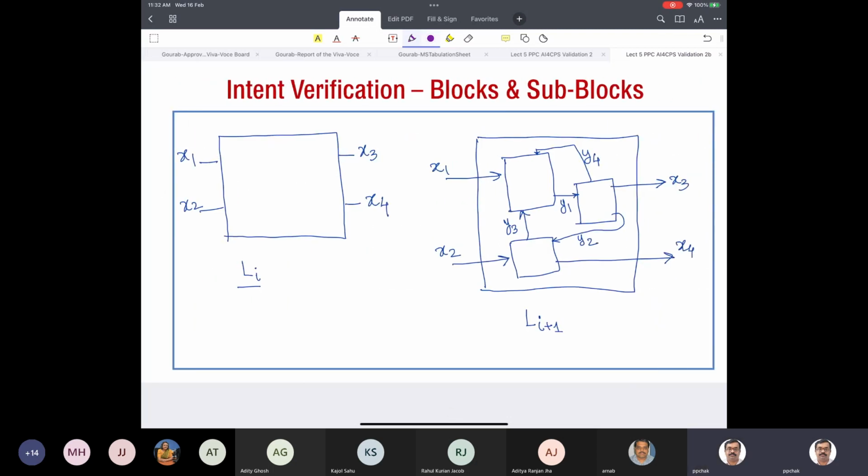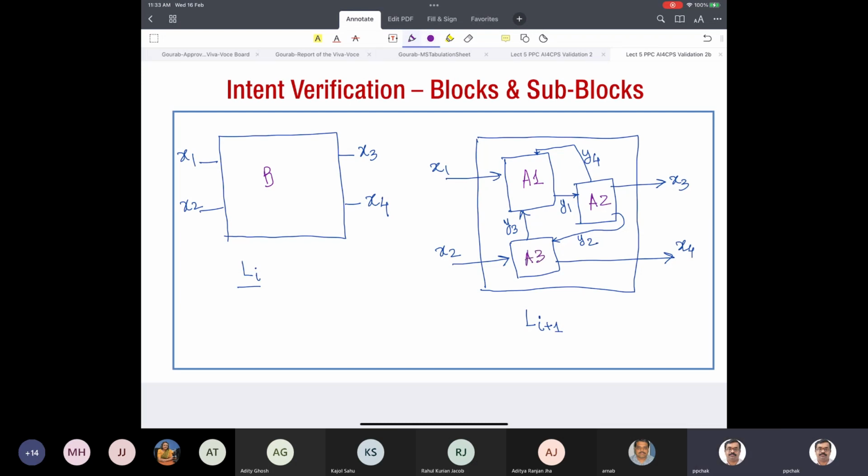For example, my level 1 could be an architectural specification with four input output lines. Level 2 will have a more detailed block diagram. This was my block diagram B. Now this B is implemented by A1, A2, A3.